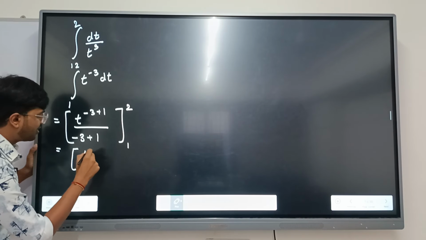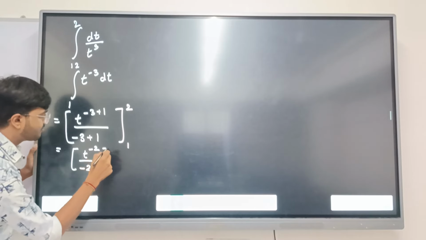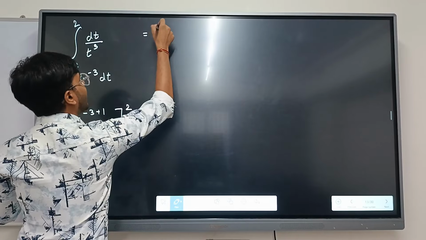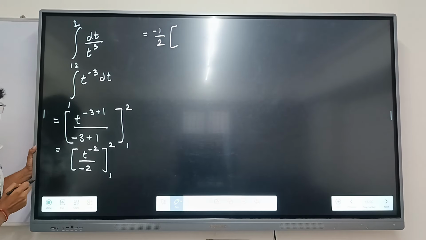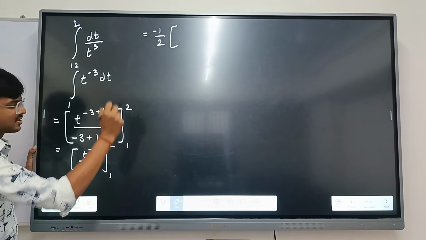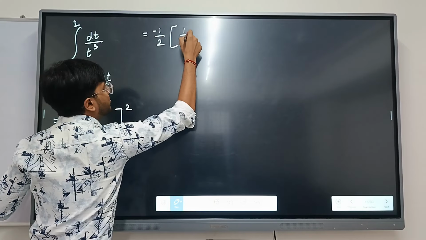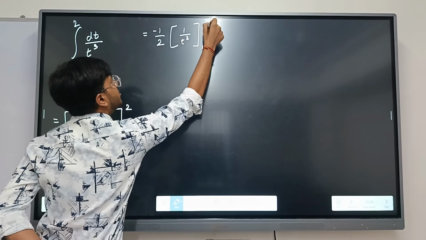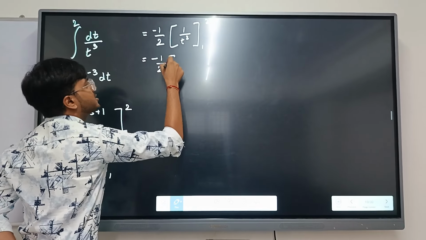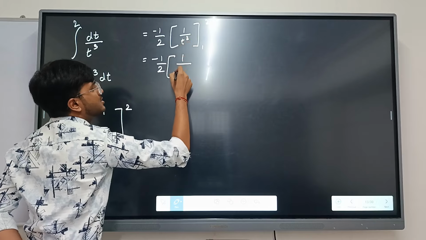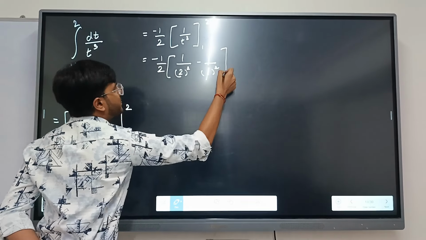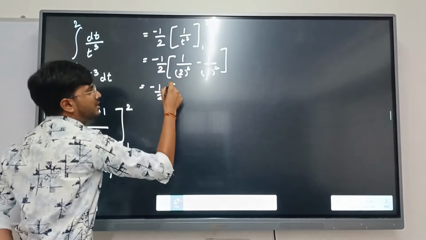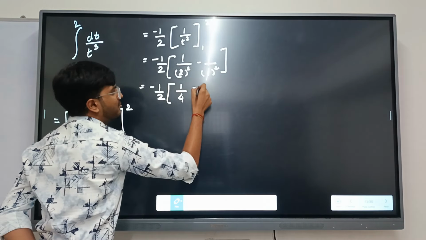So t power minus 2 divided by minus 2 from 1 to 2, that is minus 1 by 2 times, I'll take this 2 outside, so it will become minus 1 by 2 outside, and t power minus 2, 1 by t square, from 1 to 2. So minus 1 by 2, let's substitute the limits. 1 by 2 square minus 1 by 1 square, so minus 1 by 2 into 1 by 4 minus 1.